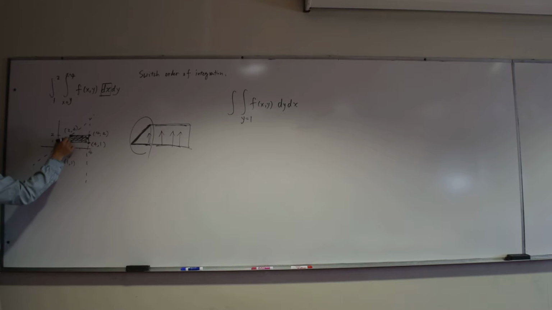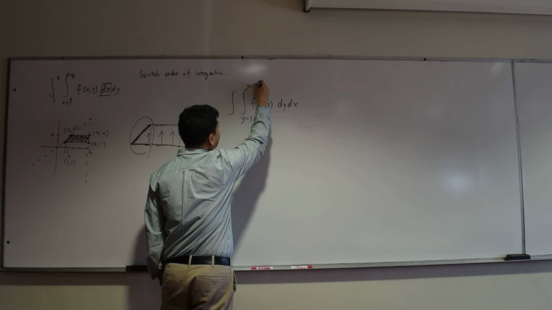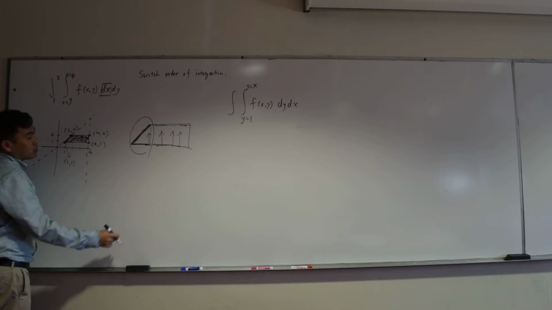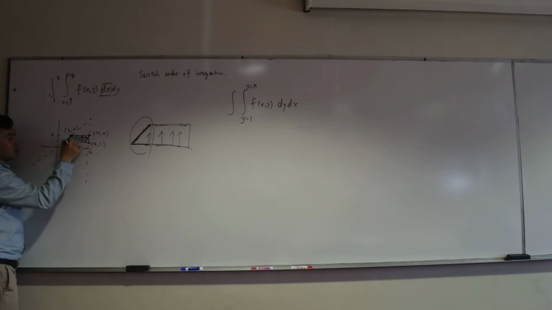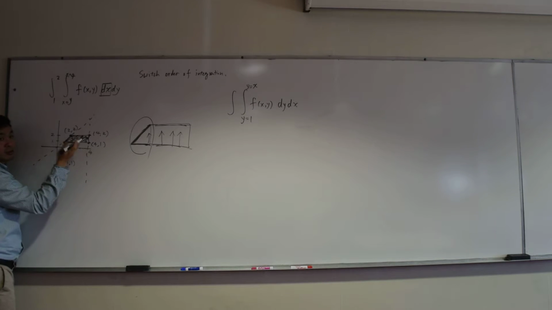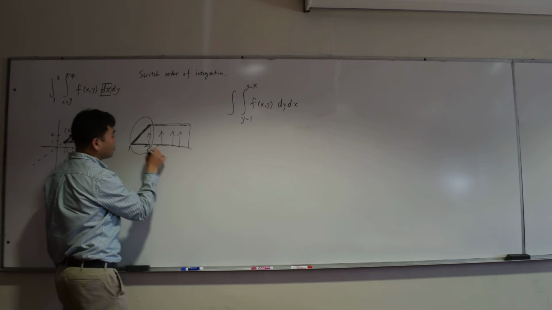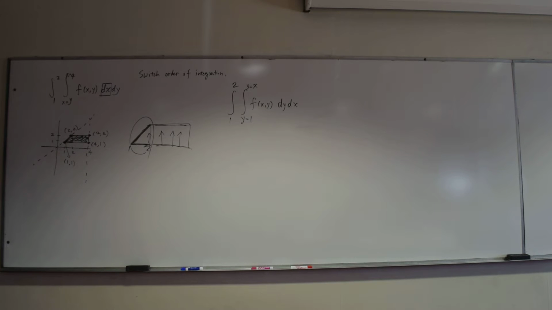What's that? In this picture, it's this one. What's the equation for this line? y equal to x. So that's what you put here. And then what's your value of x? What's the minimum value of x in this domain? 1, right? The left end is 1. What's the maximum value of x in this domain? 2. It reaches 2, right? And that's where you stop. So it's from 1 to 2. That's the first integral. Okay.